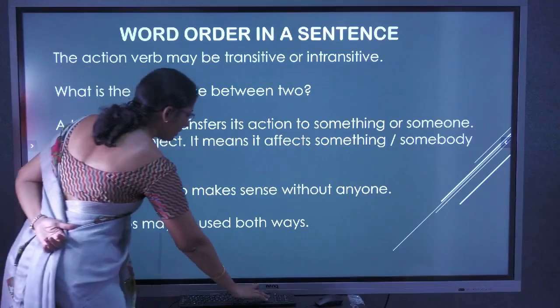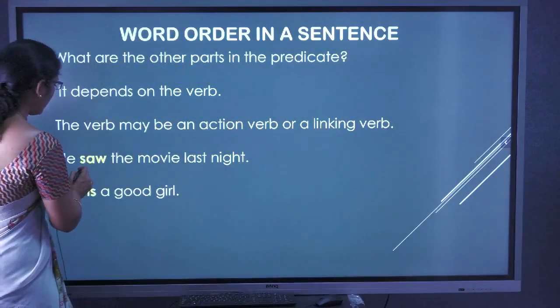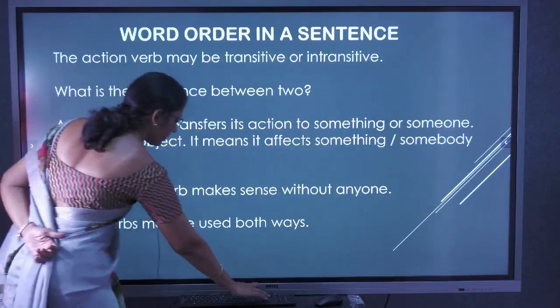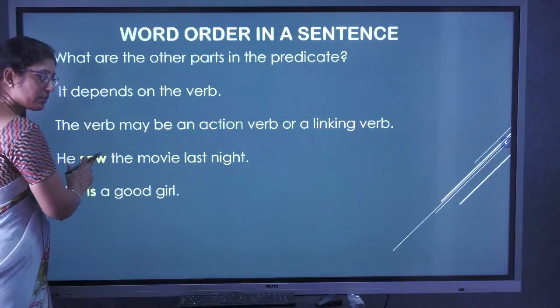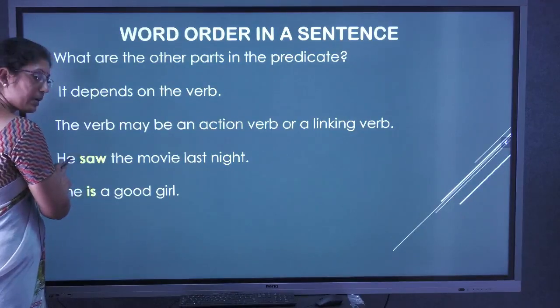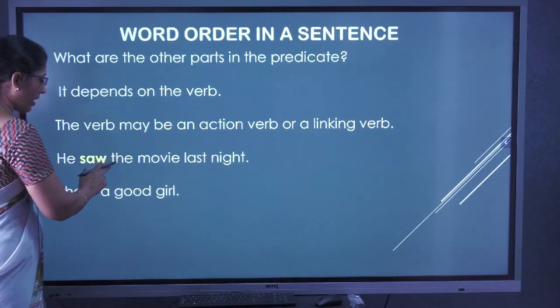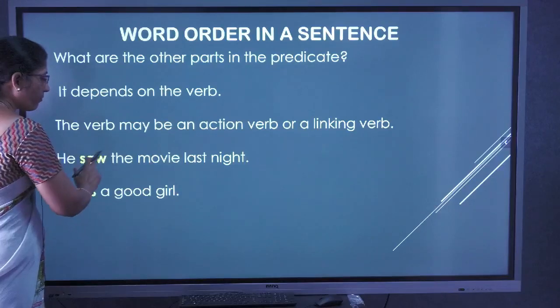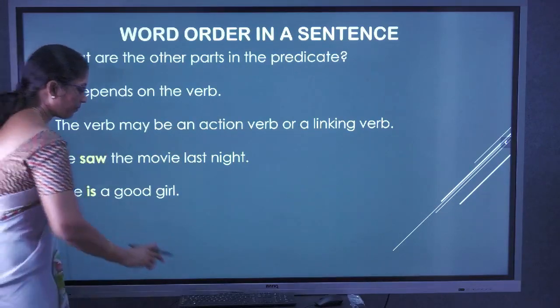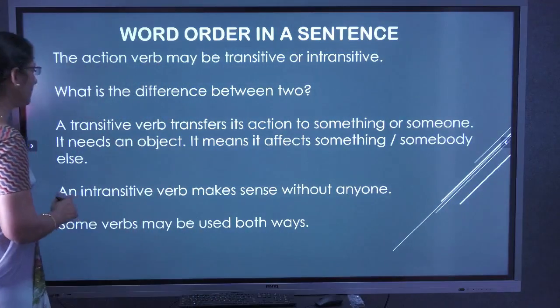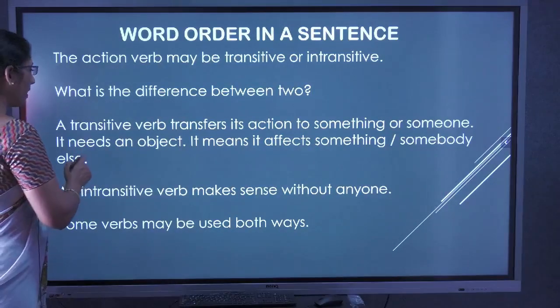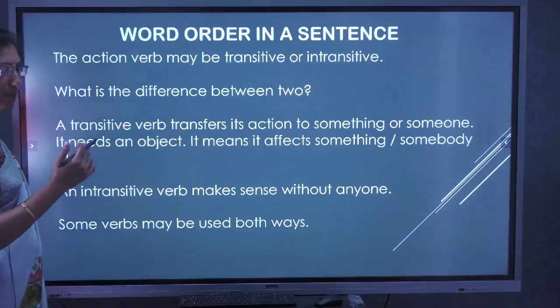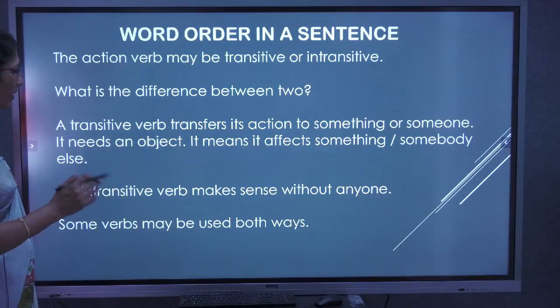For example, see this, in this example, he saw the movie last night. The action is seeing. So who saw? He saw. What did he see? The movie last night. So the action transferred from one to the other. That is called a transitive verb. In other words, we say that it affects something or somebody else. Okay?